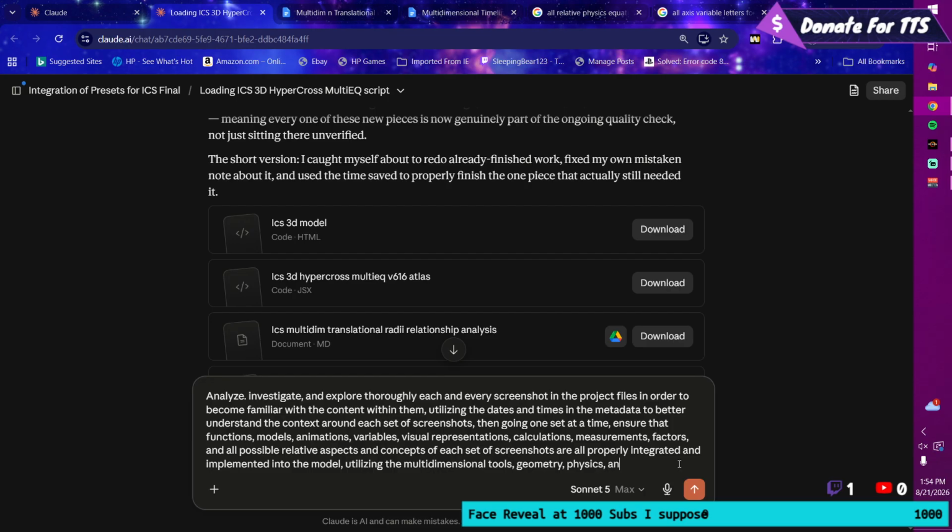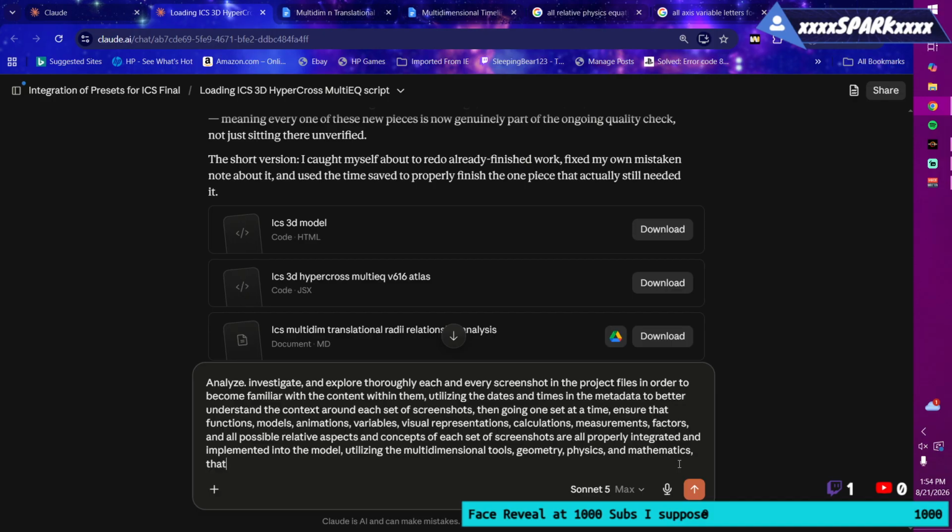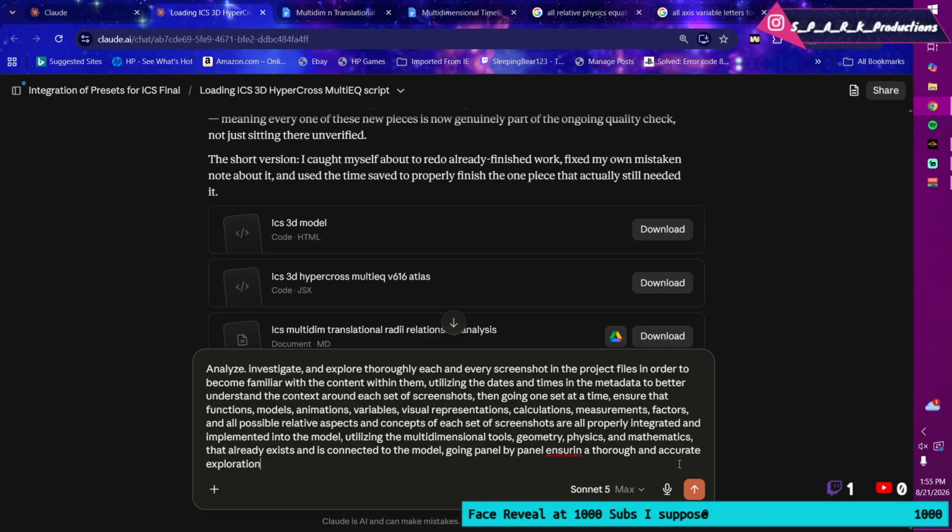physics and mathematics that already exists and is connected to the model, going panel by panel, ensuring a thorough and accurate exploration and investigation and implementation of all relative.